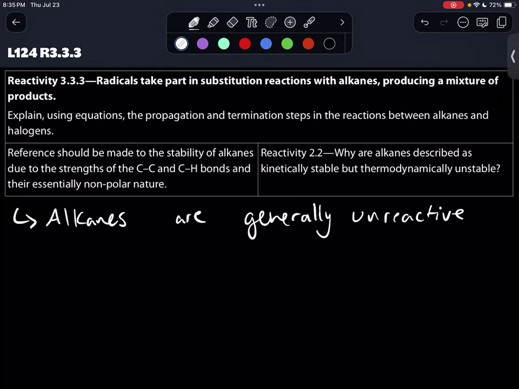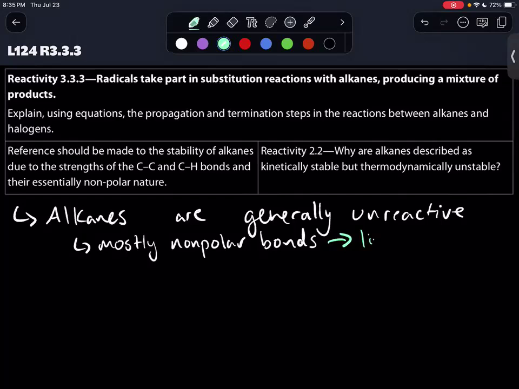And that's pretty much due to two basic reasons. The first one being that they are mostly nonpolar, or comprised of mostly nonpolar bonds. What that means is in an alkane, there is a kind of limit to attractive forces, things that can break those bonds.